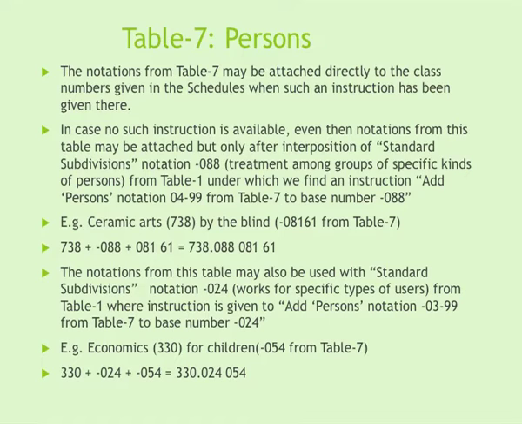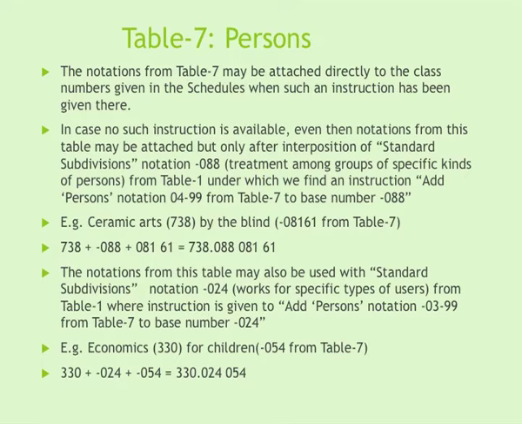We find the number for children, that is 054, from table 7, and economics is 330, the basic subject. We attach first 024, and then we can add the table 7 number.